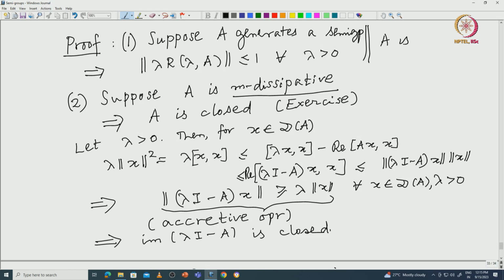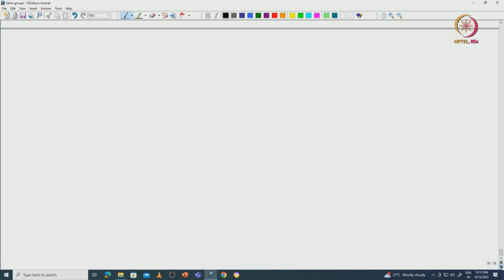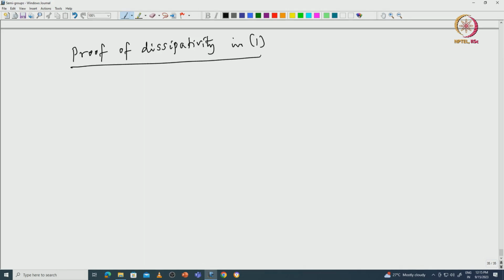That is missing here. So I will just continue that a little bit: proof of dissipativity in part 1. We know that A generates a contraction semigroup.